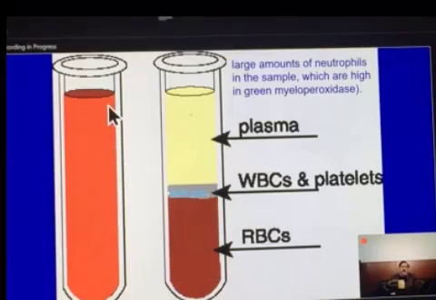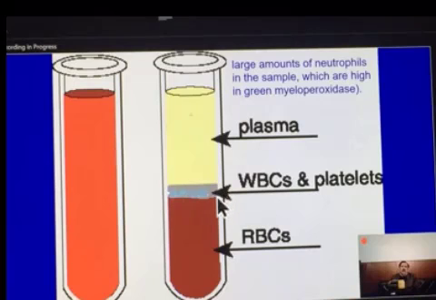You can see this picture. Here is the whole blood in this test tube, and after centrifugation, we get three components of the blood separately. At the bottom there are RBCs. The central ring is made of WBC and the upper column on the top is plasma.